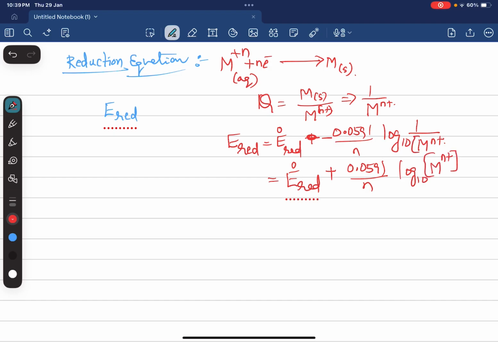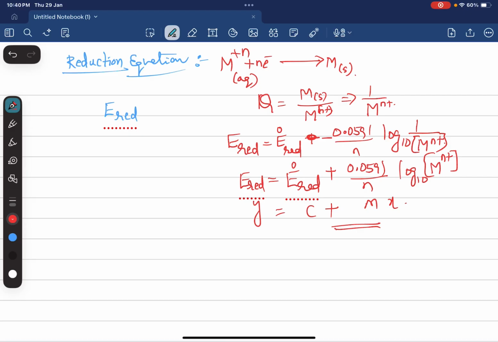So concentration should be indicated with brackets. So this is the equation which we have got. So here also, E reduction, y equals c plus m x graph. So this is a positive slope, the before one was a negative slope.